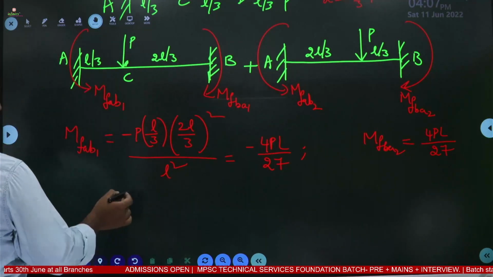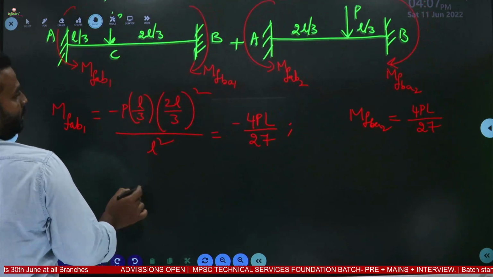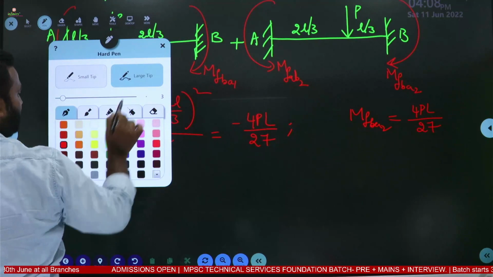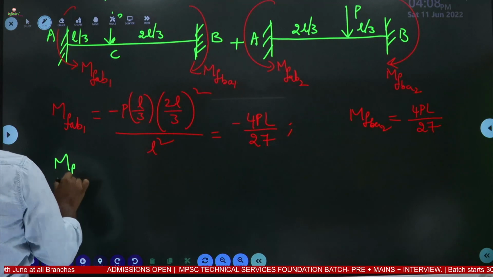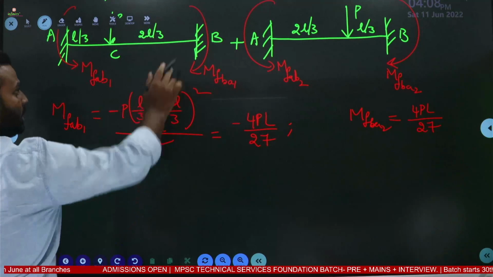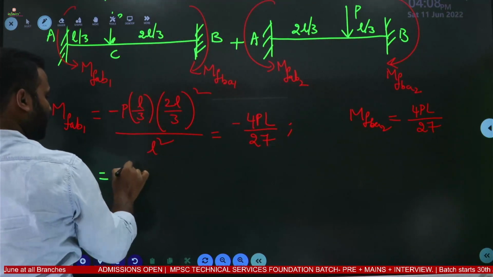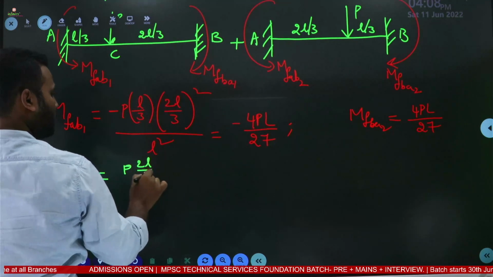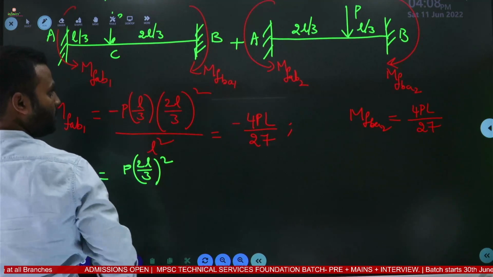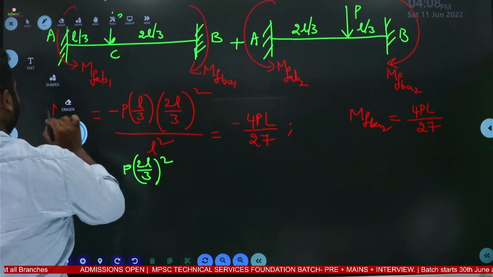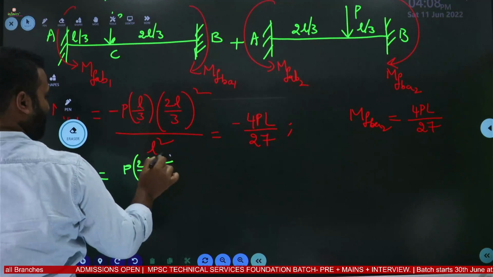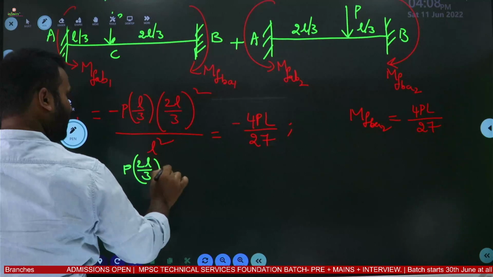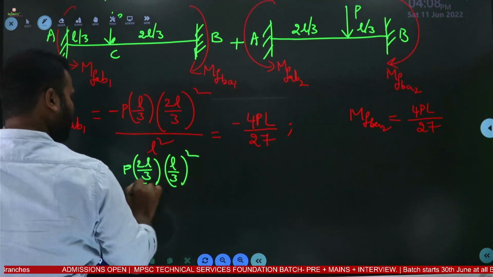Next, MF BA1 is equal to, it is clockwise, so positive. P into L by 3 and then 2L by 3 whole square, divided by L square.